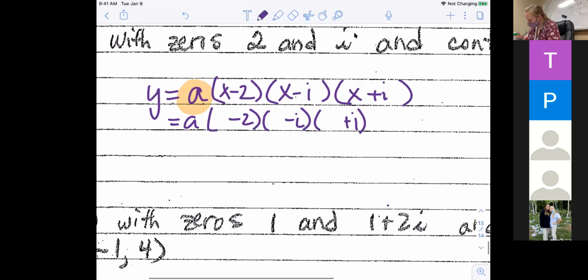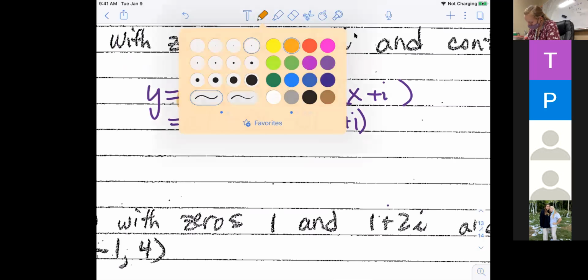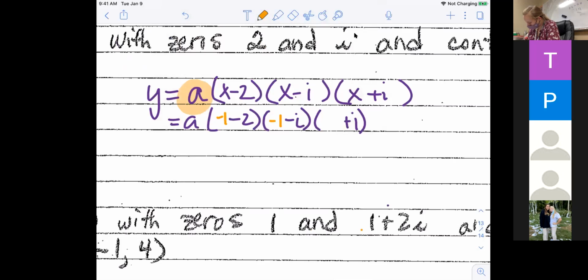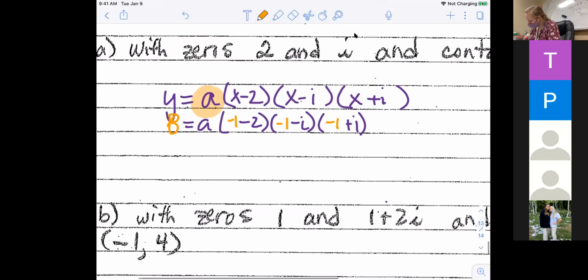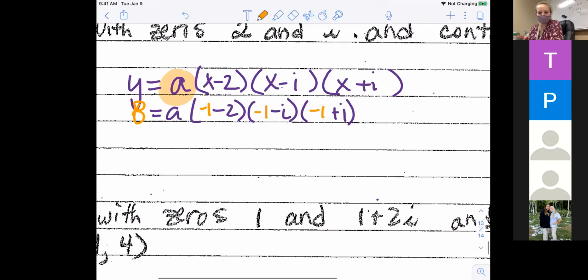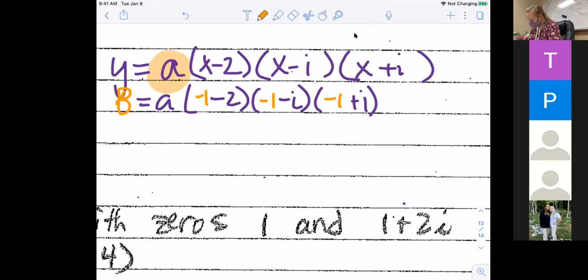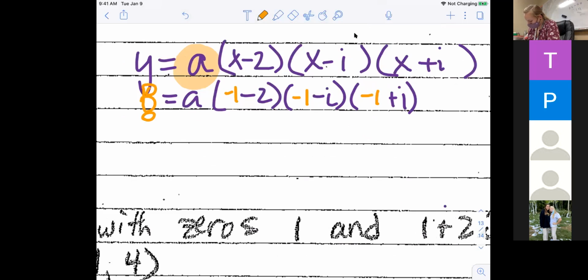All right, my x, I'm going to plug in -1. My y is going to be 8. And then we're just going to simplify. -1 minus 2 is -3. Oh, I can't combine that -1 and -i, so we're going to multiply.